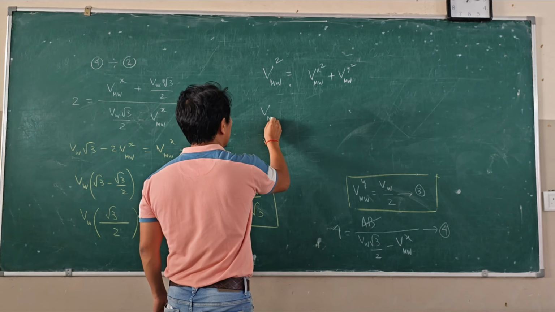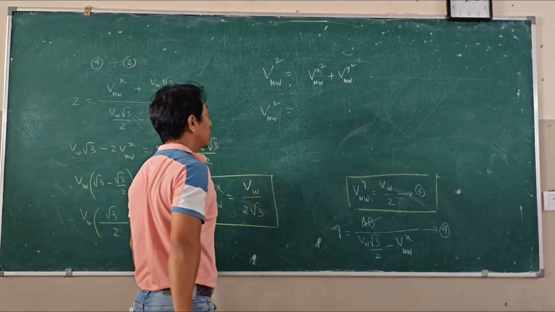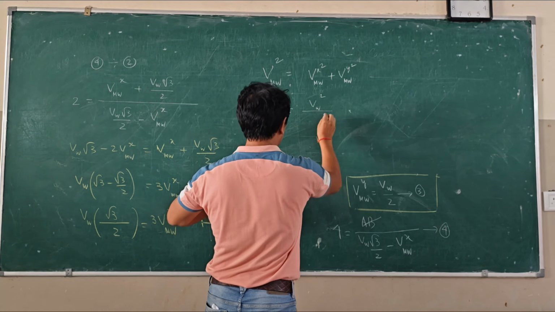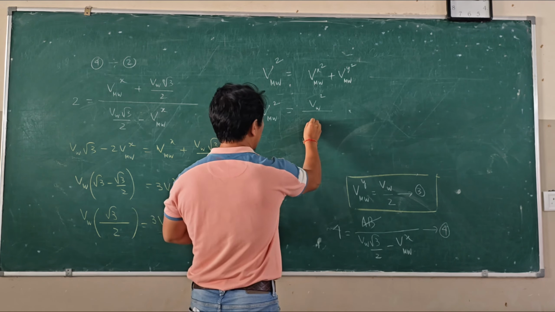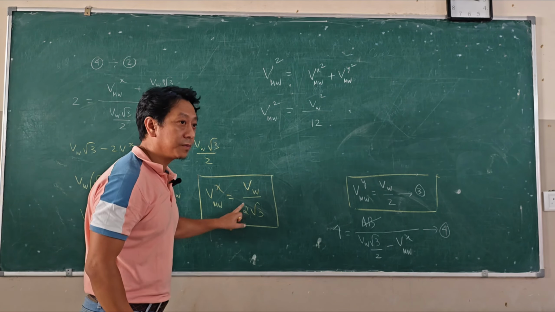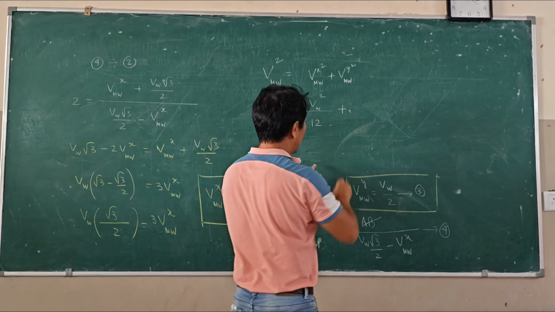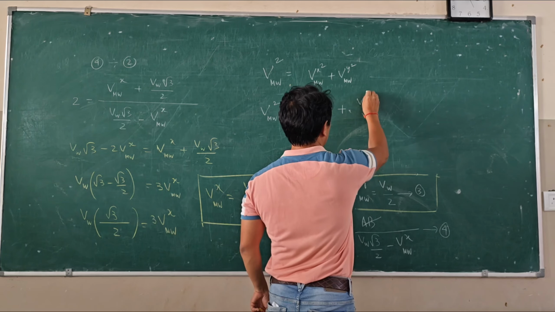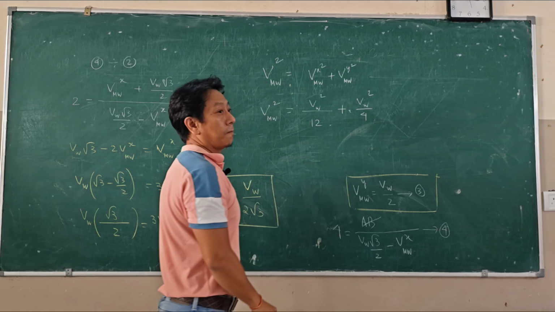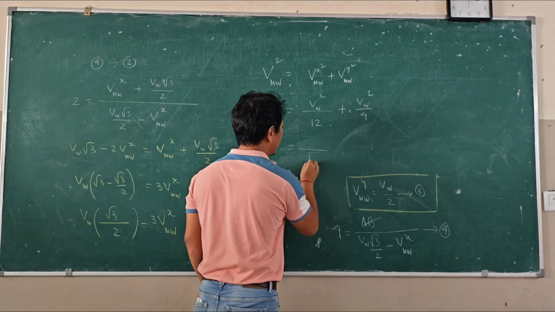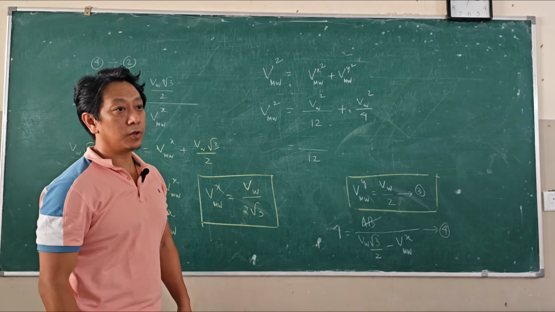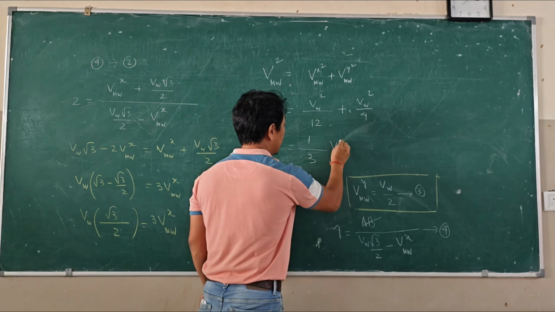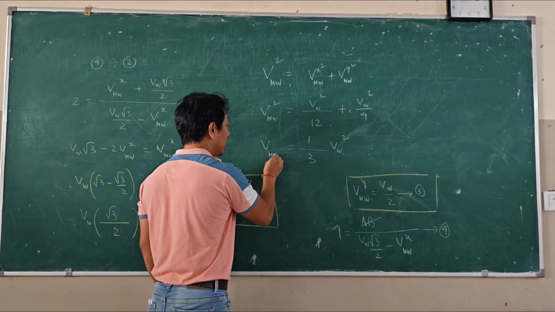So VMW square will be, what is VMW x square? VW square by 4 into 3, 12. If you square this, plus VMW y square is VW square by 4. That will give you 12. 1s are 4, 3s are 3 plus 1, 4. So 1 by 3 VW square is VMW square.